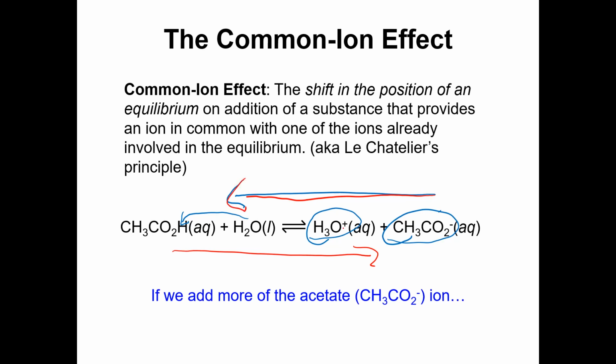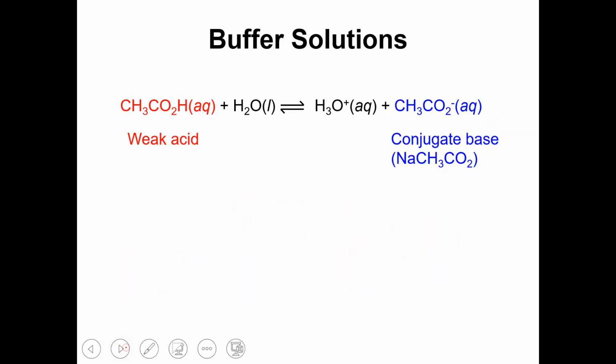So if we add a bunch of acid, which is going to contain H3O plus, we're going to go back towards the reactants to neutralize that acid. If we add a bunch of base, then the acetic acid is going to react with it, and we're going to go back towards the products and form more of the product.